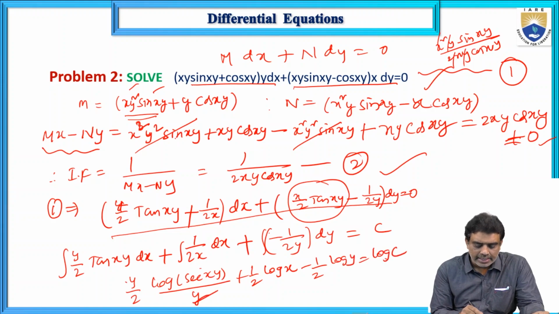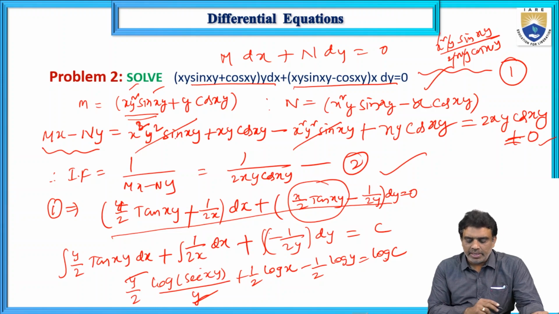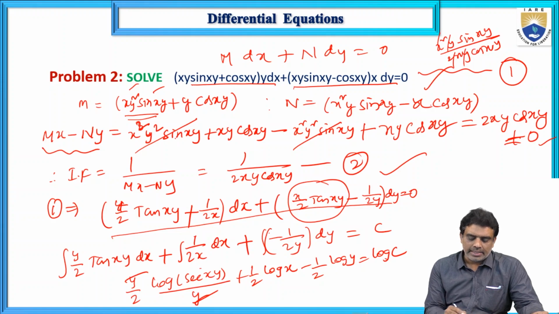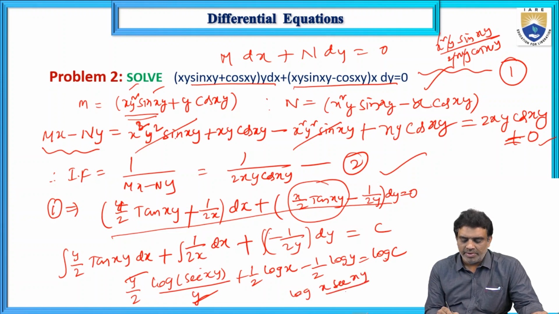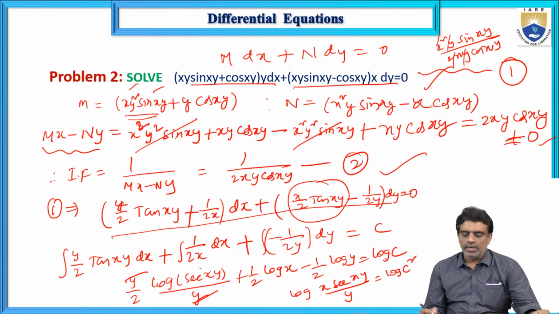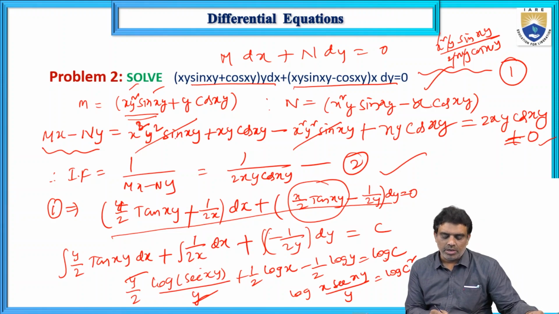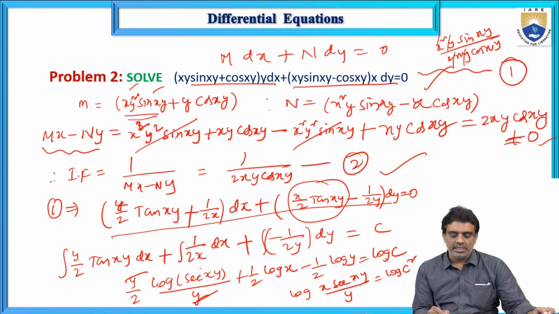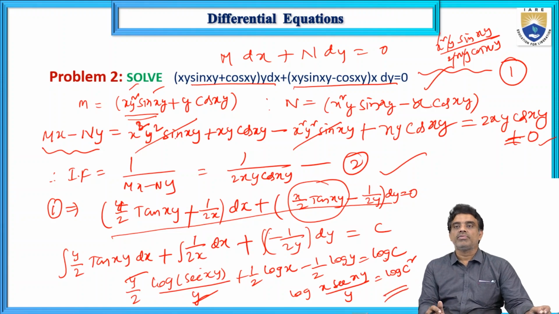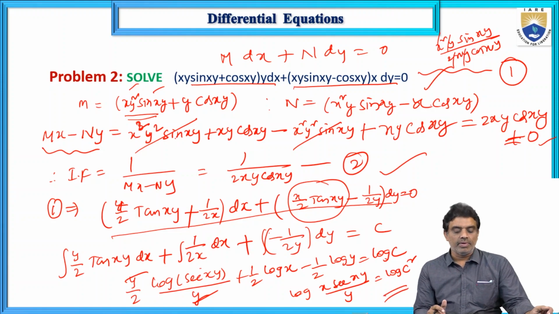So y cancel, 1 by 2 is a common term, taking it outside, you can write log x secant xy by y is equal to log c square. So on eliminating the log on both sides, you will get x secant xy is equal to c square into y, which is the general solution of the given differential equation.